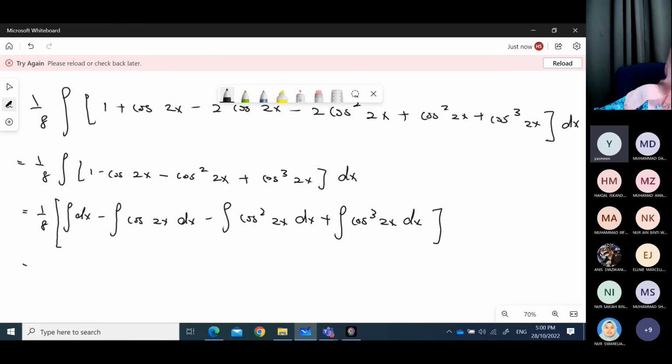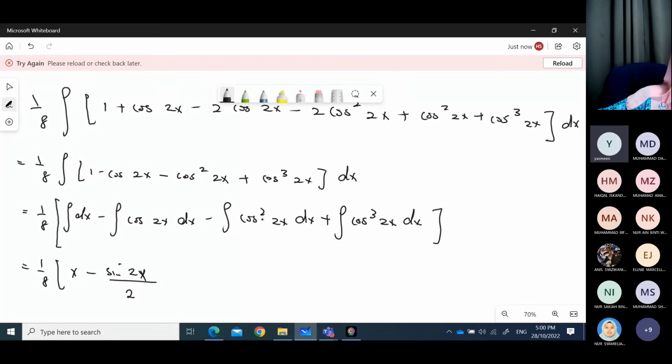Okay. So mana boleh integrate, you integrate. So this one, integral of dx, we have x. So integral cosine 2x, we have negative sine 2x. Kat dalam ni ada function, so you differentiate. Derivative respect to sin 2x, you akan dapat 2. So yang derivative tu jadikan sebagai pecahan kat bawah ni, 2.